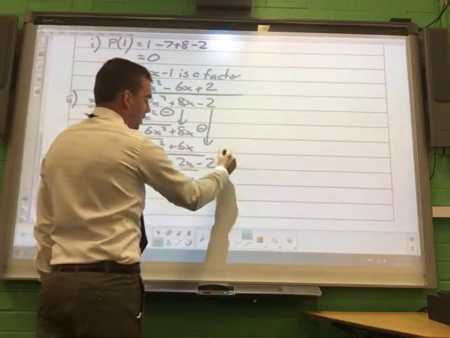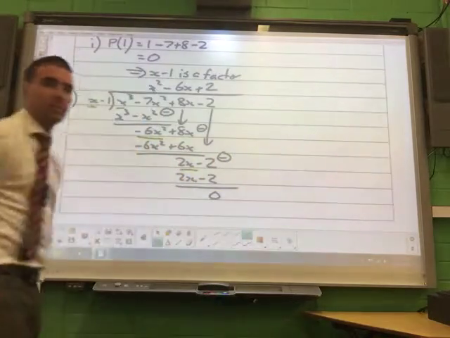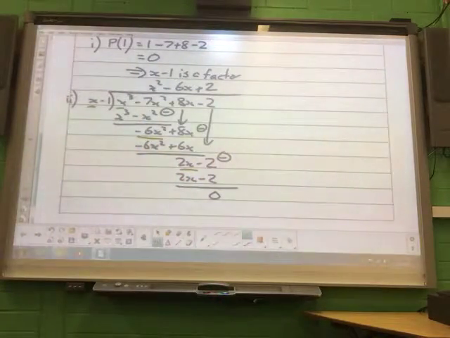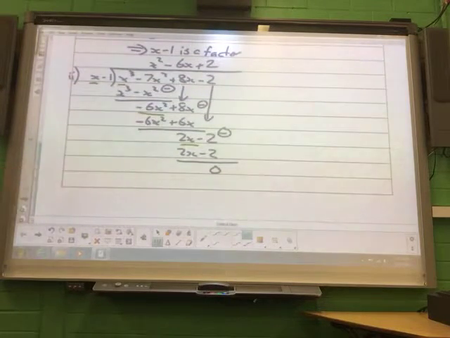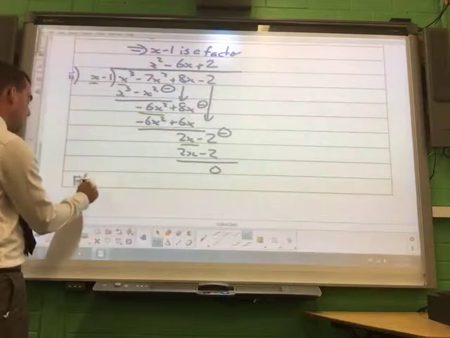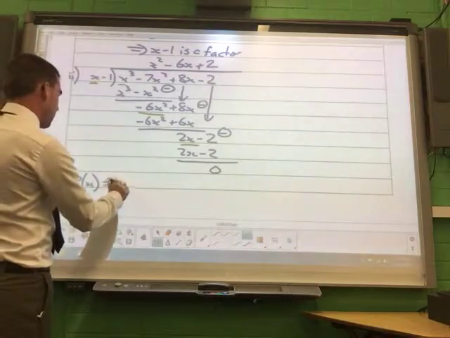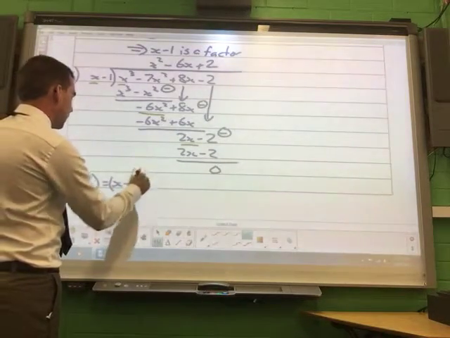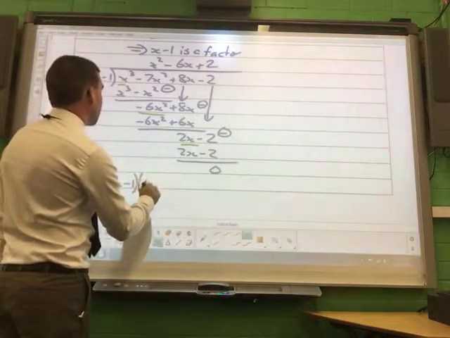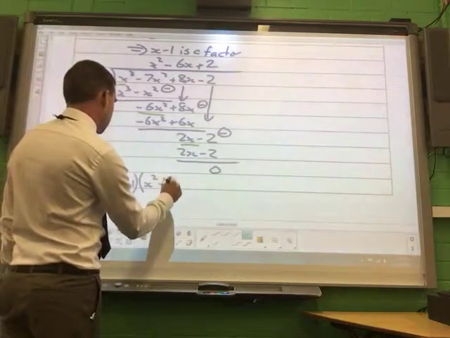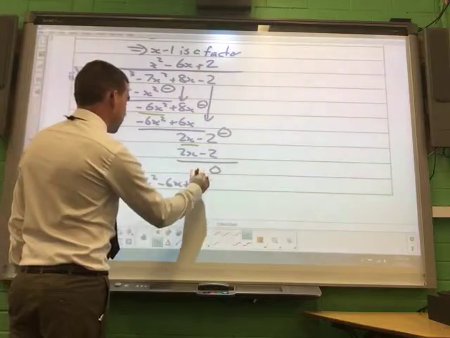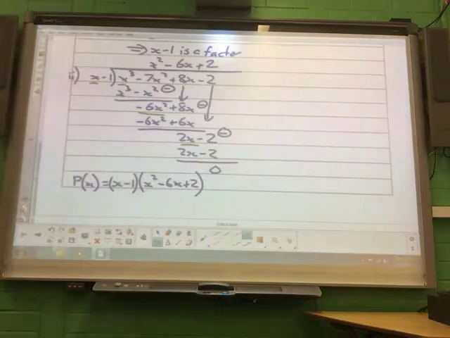So that means that will go to 0. That's what I need. So p of x is going to be that divisor multiplied by the quotient, add the remainder. In this case, we're not adding anything there.